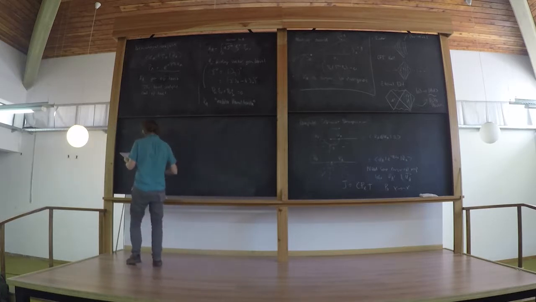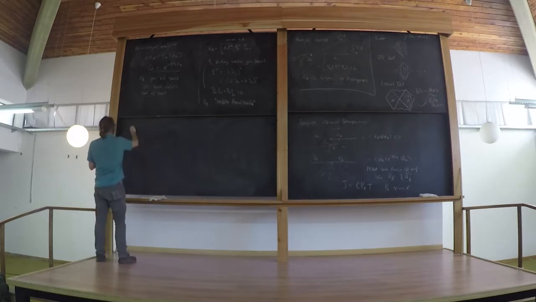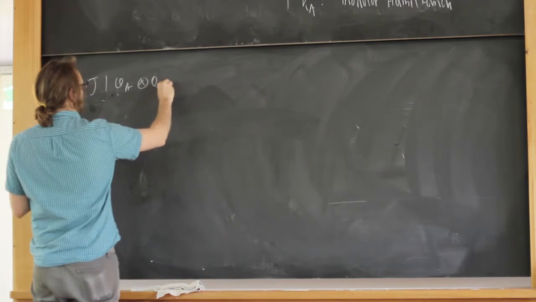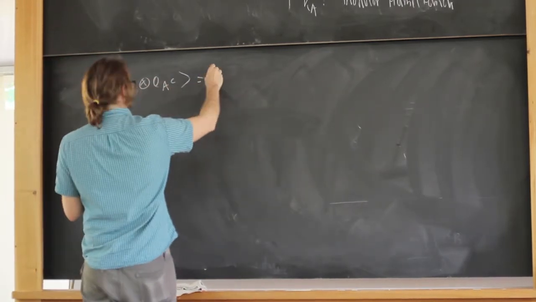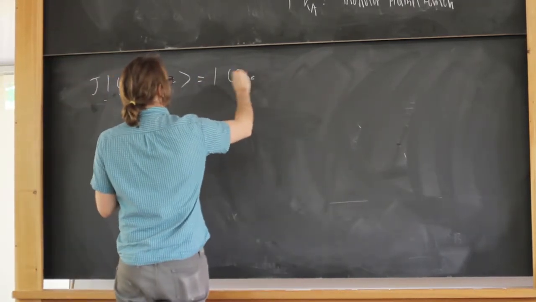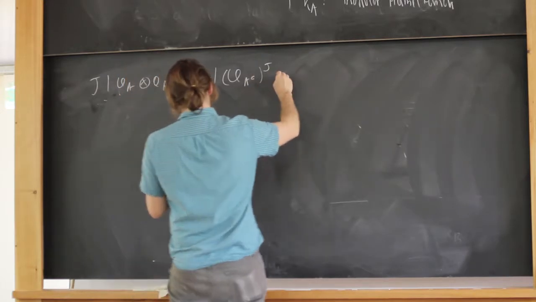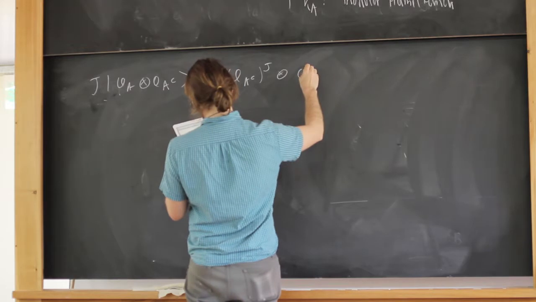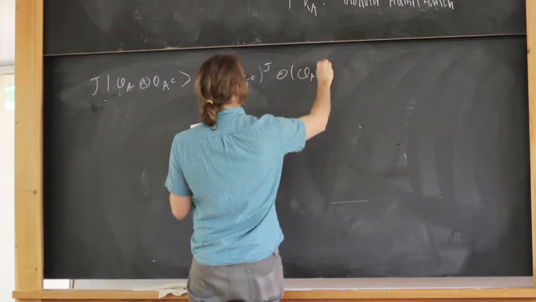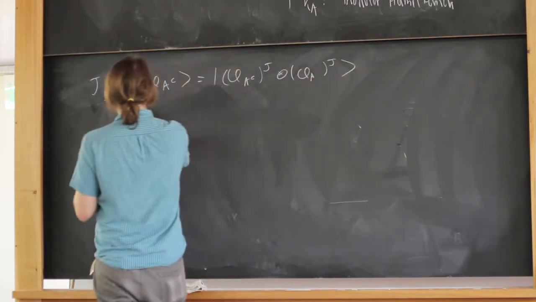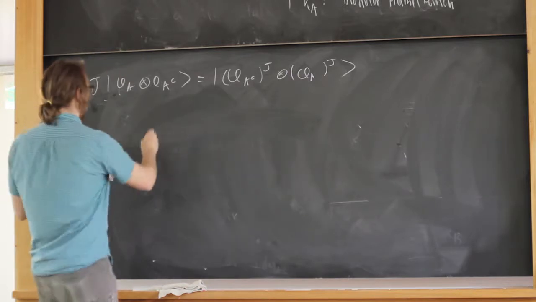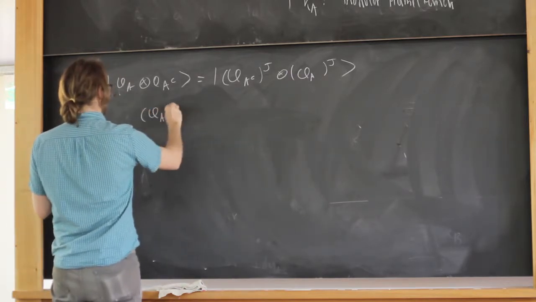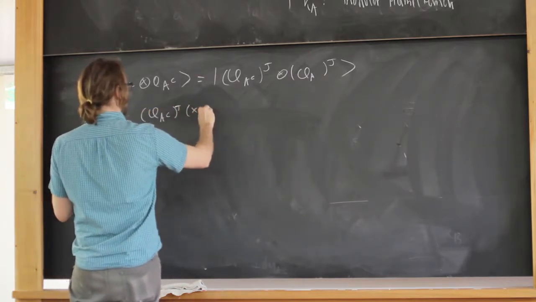So we might define J. J acts on these two field configurations as follows. It acts on the full Hilbert space, and it gives us some conjugated field configuration, some other conjugated field configuration, where they've been flipped like this. And the conjugated field configuration is just what you would imagine.